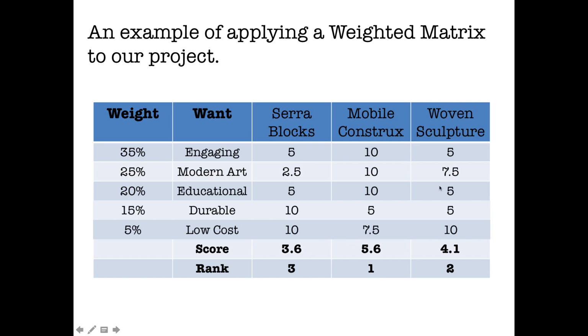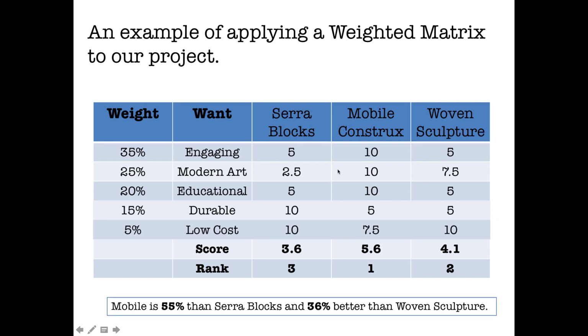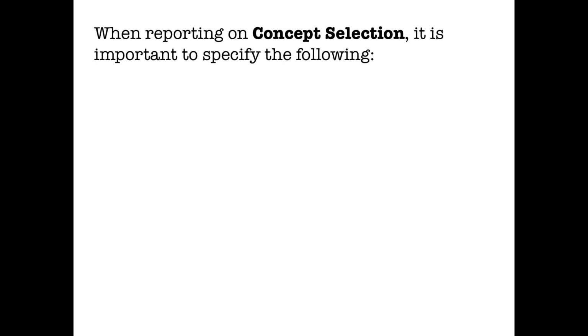These are arbitrary numbers that have come from some decisions that we've made about the weighting and also what this numerical scale is. If I want to talk about the overall performance, I would say something like the Mobile is 55% better than the Sarah Blocks and 36% better than the Woven Sculpture, right? This would be the difference between 5.6 and 3.6 and 5.6 and 4.1. So talking about it in terms of percentage, not in terms of absolute.